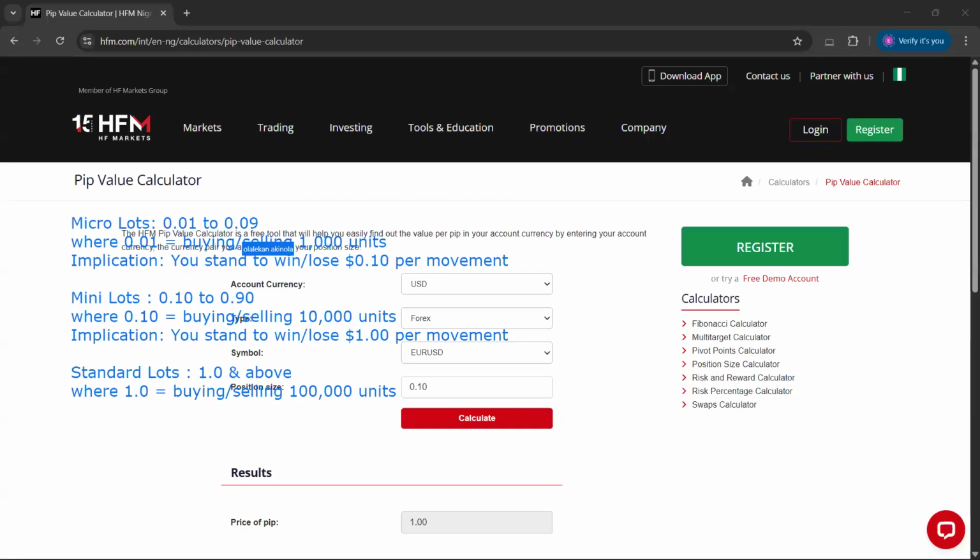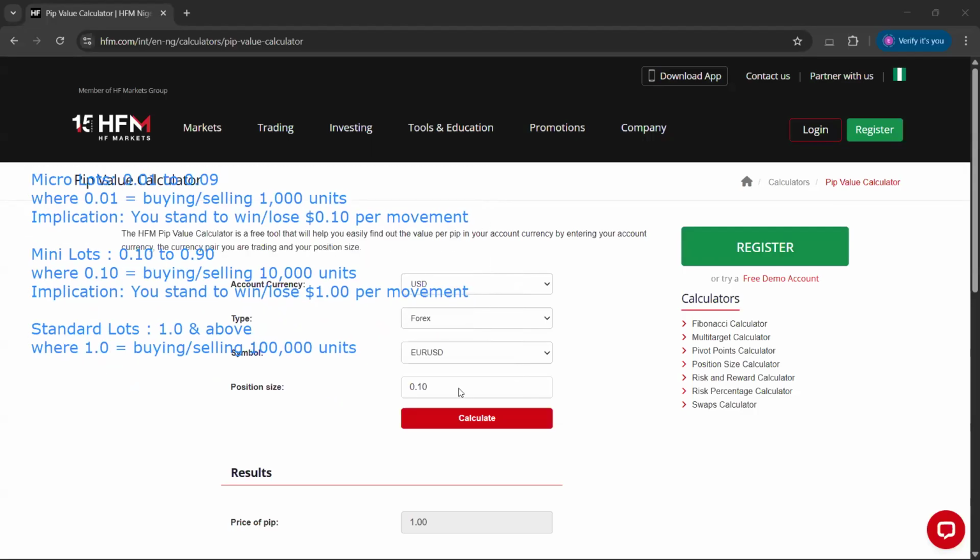That means if you're doing mini lot 0.10, you're getting about $1 for every movement. Now, if you decide to go as high as 1.0, that offers $10 for every movement.